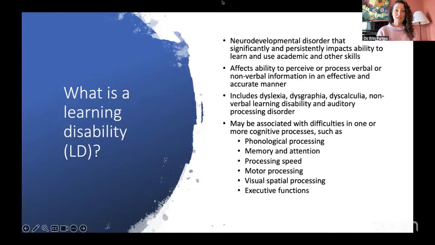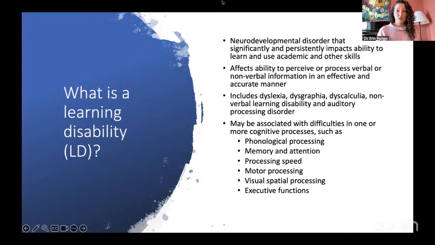And today we're going to talk about a number of different learning disabilities. Often we really think about dyslexia, which is by far the most common learning disability. But there's also dysgraphia, which is challenges with written language. Dyscalculia, which is challenges with numbers and math.